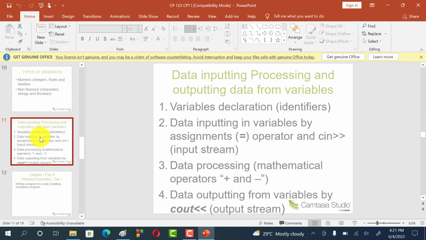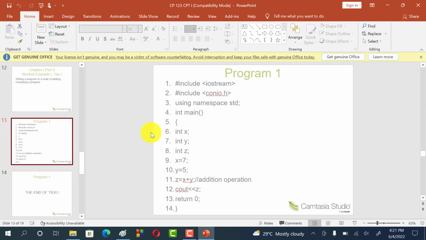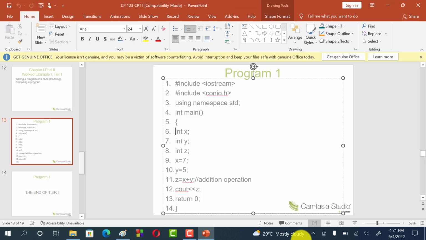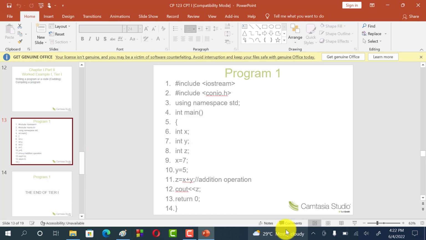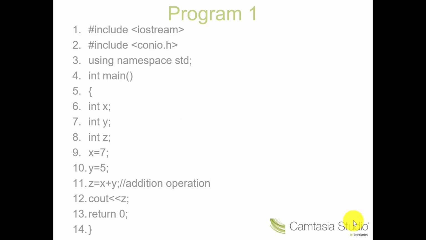First of all, let us appreciate that this is the program that we have been dealing with. This is the worked example which constitutes our discussion, whereby the first part is made of libraries, include, using namespace, whatever. Then at line number 4 we have int main, and the program starts from line number 5 and ends at line number 14.